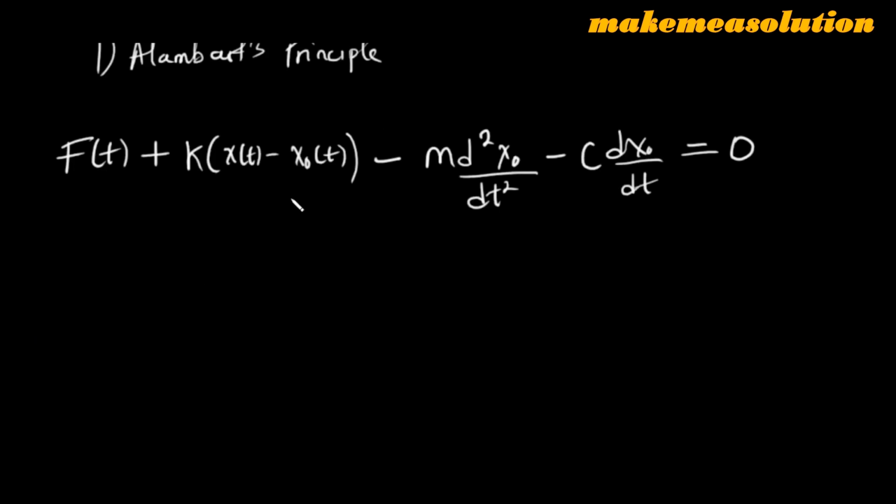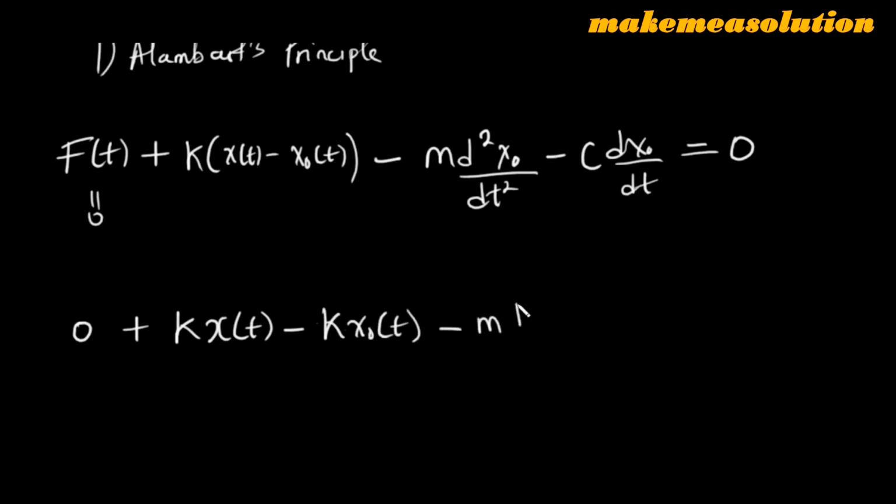So all we needed to do was to rearrange this equation in this form. So solving it, we'll have our f of t, which is 0, so you have 0 plus k x of t, then minus k x naught of t, then minus m d2 x naught over dt squared, minus c dx naught over dt is equal to 0.